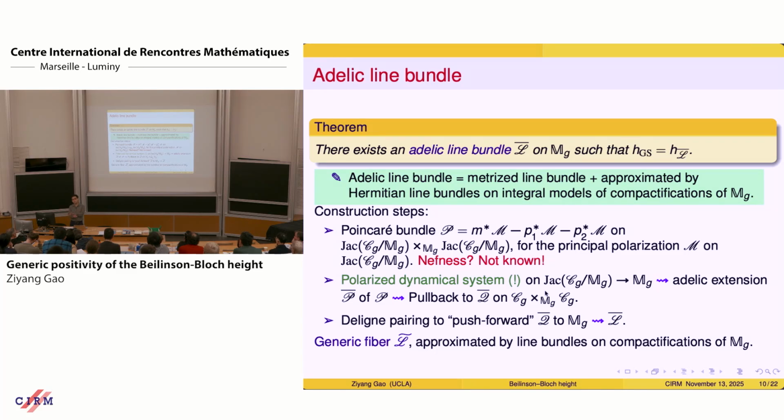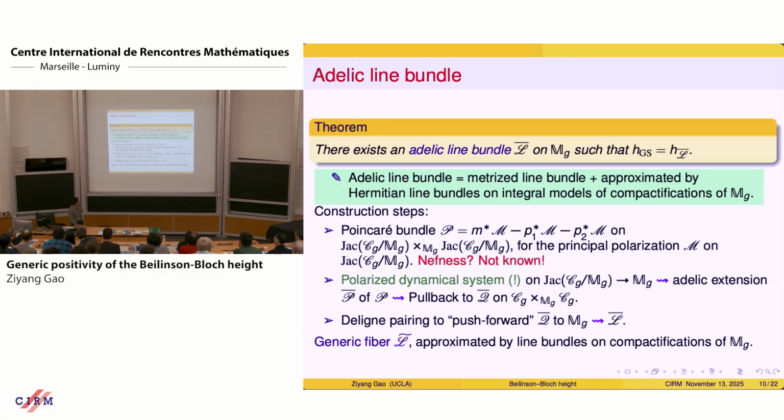It doesn't work for a general family, so far. It's important to see the first step to see that nefness is actually a big issue, and the second one is why it only works for this Gross-Schoen cycle. And then we do the Deligne pairing to push forward to M_G. This is a more general thing.